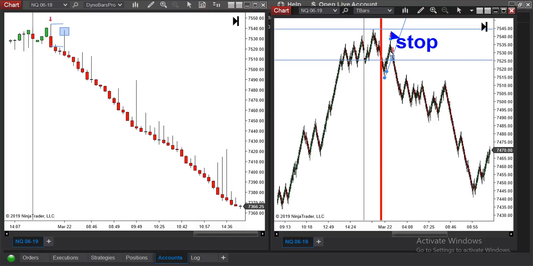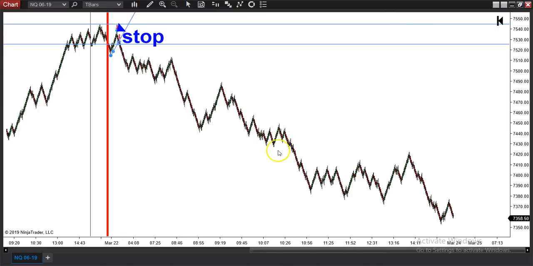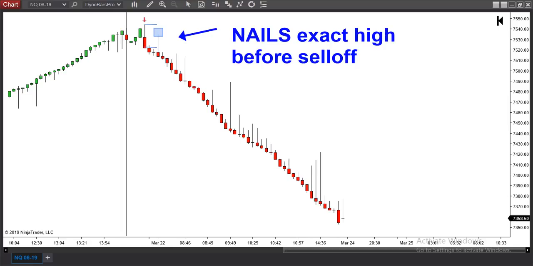We didn't use any Bollinger Bands. We didn't use any moving average lines or any other bullshit that so many of you guys are used to. We used nothing more than a trend line slope that looks like this, waiting for that trend line to break, right? So guys, now you're starting to see the power of price action.